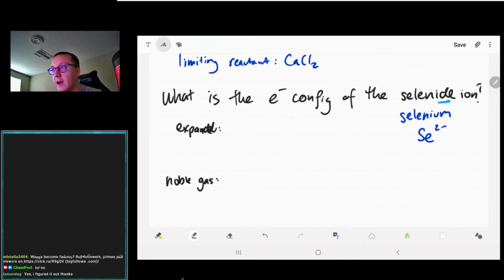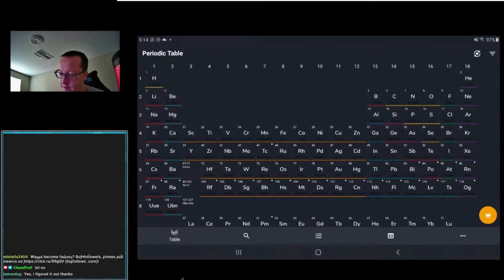With that in mind, now we can go ahead and do our configuration, which I have to go back to the periodic table for. Let's find where it's going to end. We're going to see that selenium is in the P block. Remember, this right side is the P block. Selenium is in the 4th column of the P block, which tells us it's going to be something P4.